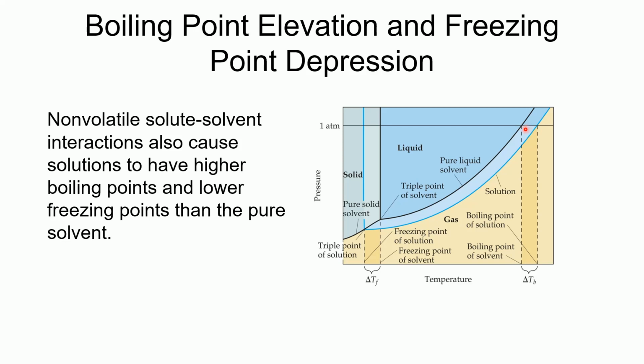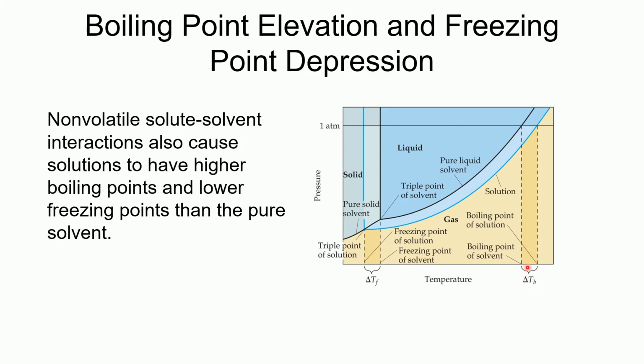If you recall, the boiling point is equal to the temperature at which the vapor pressure equals 1 atmosphere. For the pure solvent, it was here, but for the solution, it's a little bit higher. That change in temperature we call the boiling point elevation. We can calculate that using a simple formula that I'm going to show you here in a moment.